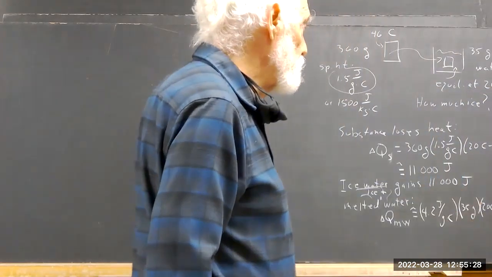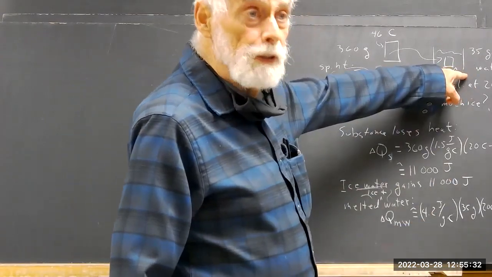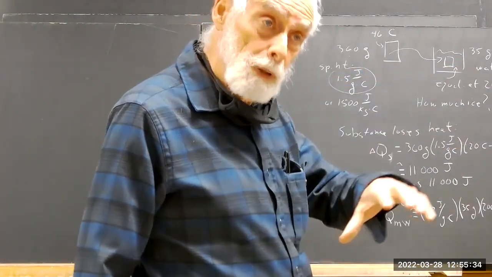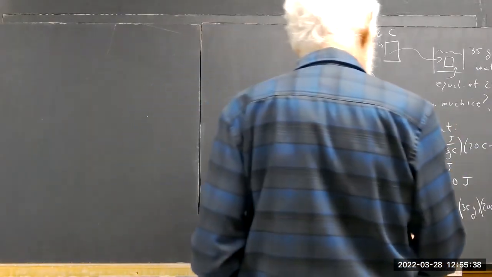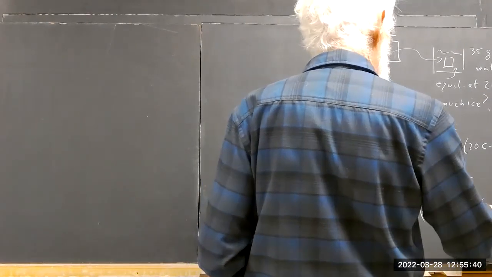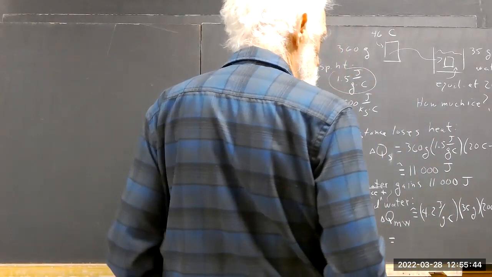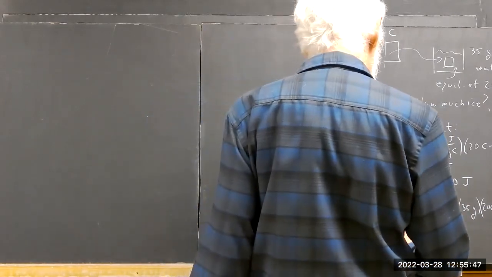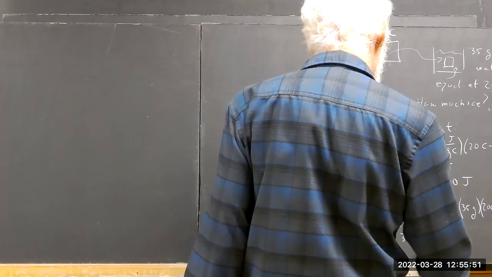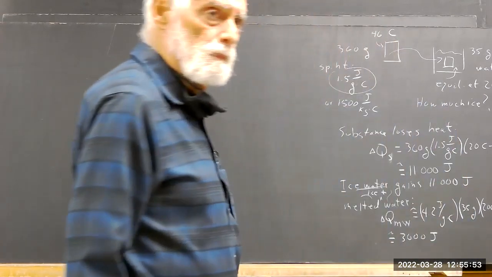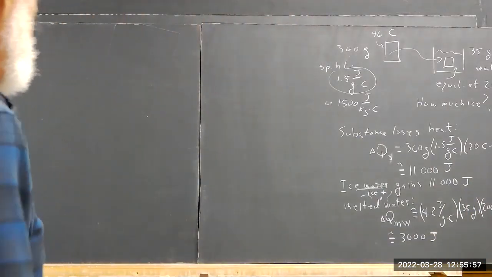Water melts at 0 Celsius. Incidentally, ice water is at 0 Celsius because it's a mix of ice and water. So that's 700 times 4.2, which is 2,940. So we'll say approximately 3,000 joules is close enough for an indication. You can do the accurate numbers.